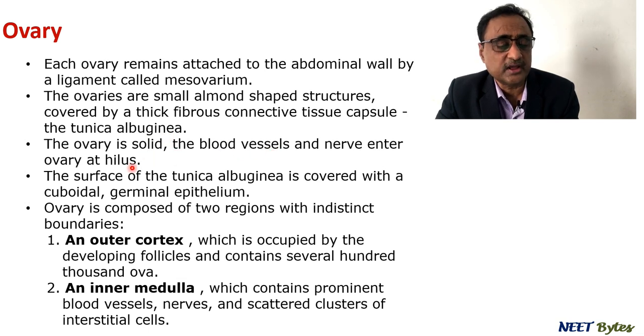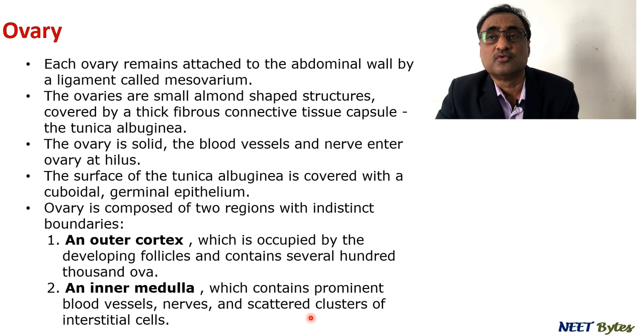The surface of tunica albuginea is covered with a cuboidal germinal epithelium. Now the ovary consists of two very distinct regions, an outer cortex and an inner medulla. The cortex is occupied by the developing follicles and contains several hundred thousand ova, whereas the medulla contains prominent blood vessels, nerves and scattered clusters of interstitial cells. So these are the things that are present within the ovary.